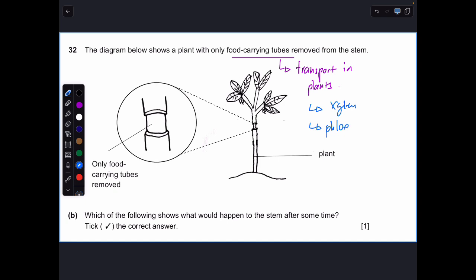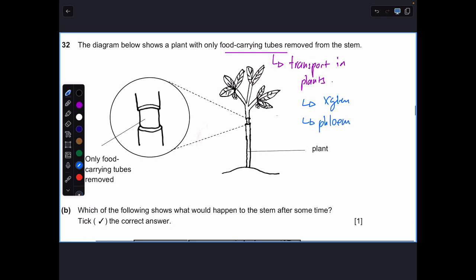For those of you who don't know what are these two, it's okay, secondary school term, but I always teach you, this is your water carrying tube and this is your food carrying tube. Okay? So basically, all this should come to my mind. And this is a common exam question. I've revised this with you multiple times already, right? Revise already cannot, I even tell you what are the scenarios. But yet, you all are not making sense.